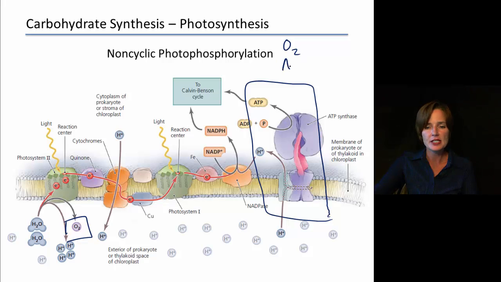It is going to make some ATP, which is important. And then we also have this electron carrier that is produced as well. That is going to be important for the second stage of photosynthesis. So these products, the ATP and the electron carrier, are both going to be used for the Calvin cycle or the light independent reactions.